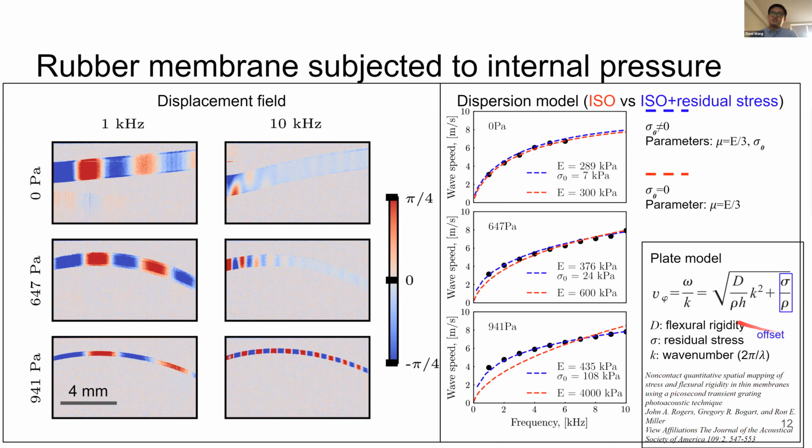So this tells us that the pressure will induce the residual stress that can be crucial to the correct modeling of the cornea, and that can help us predict properties such as Young's modulus in a more accurate way.